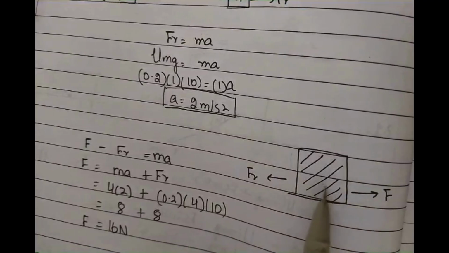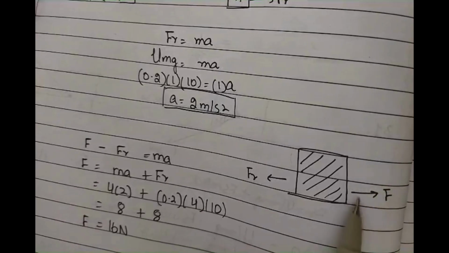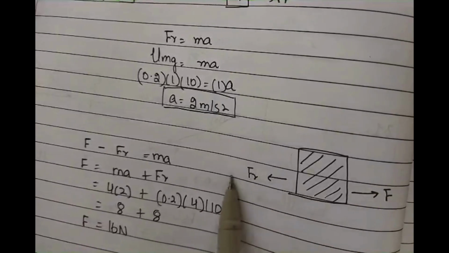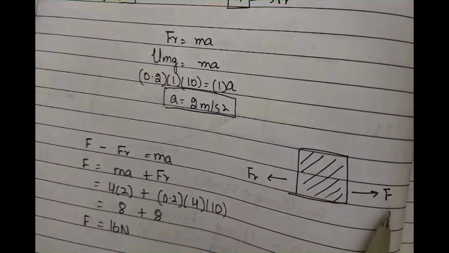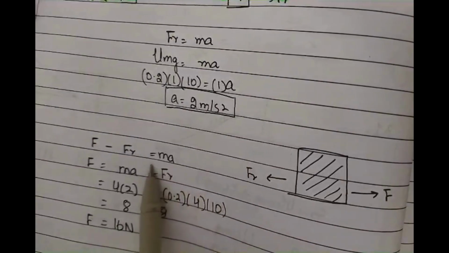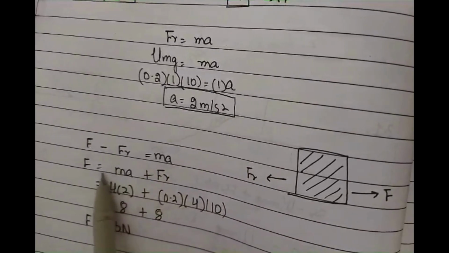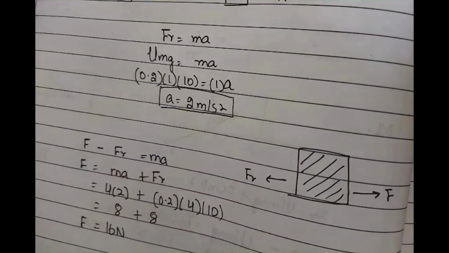Now, finding the net force. The net force is going to be the acceleration causing force. So the force that we have applied as an external agent minus the force of friction, because the applied force is going to be the larger one as the block is going to move in this direction. So this force minus the force of friction is going to give us mass into acceleration. Force applied is going to be mass into acceleration plus force of friction.